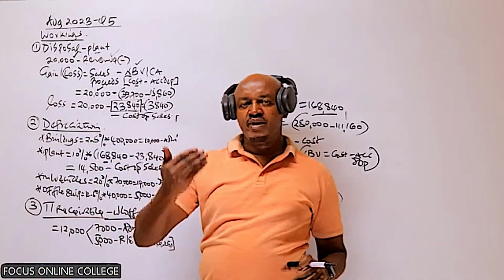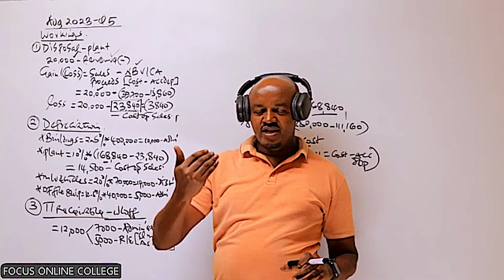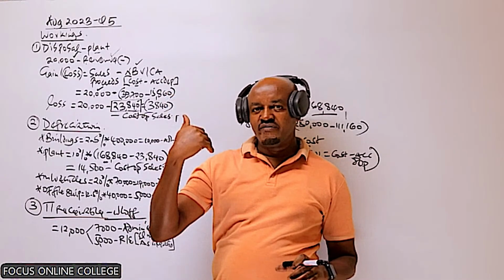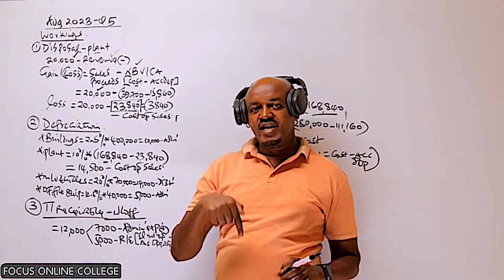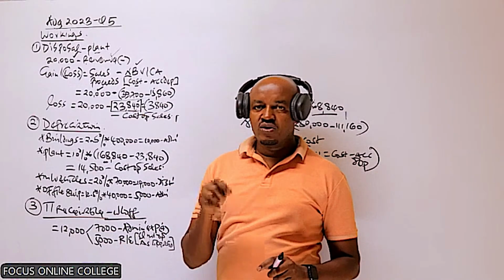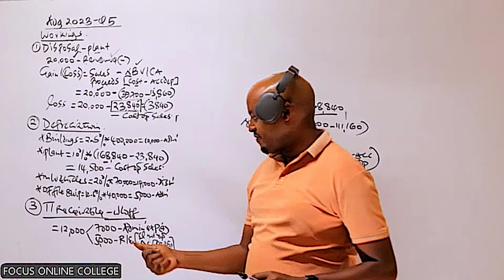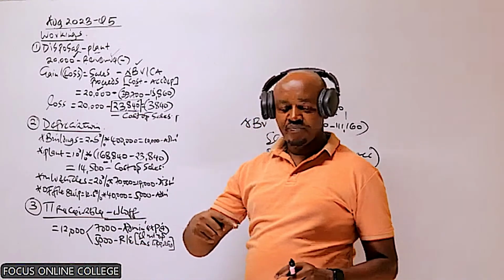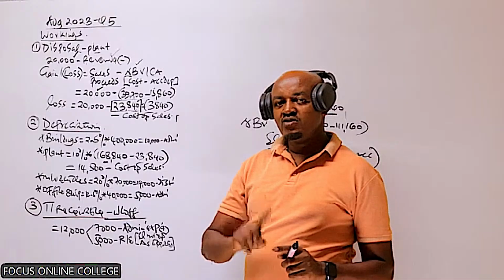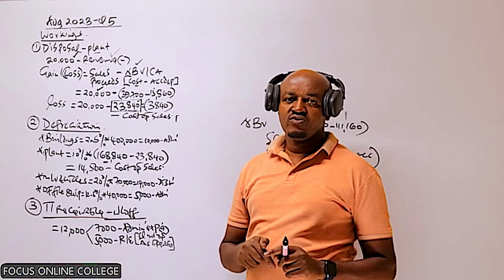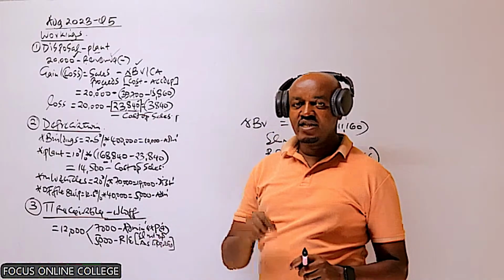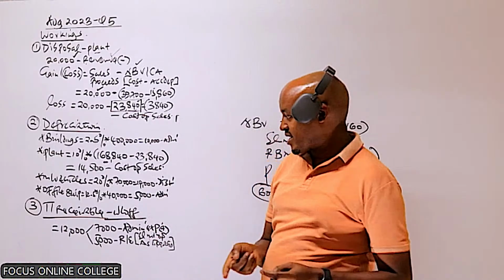We said any prior year adjustment. These are adjustments which were supposed to be done in the previous year, but they were not done. They should be adjusted to the retained earnings at the start. Because this amount of 5 million was supposed to be accounted for by the company as an expense in the previous year, but it was not accounted for. So this one we will deduct from the retained earnings of the company at the start.